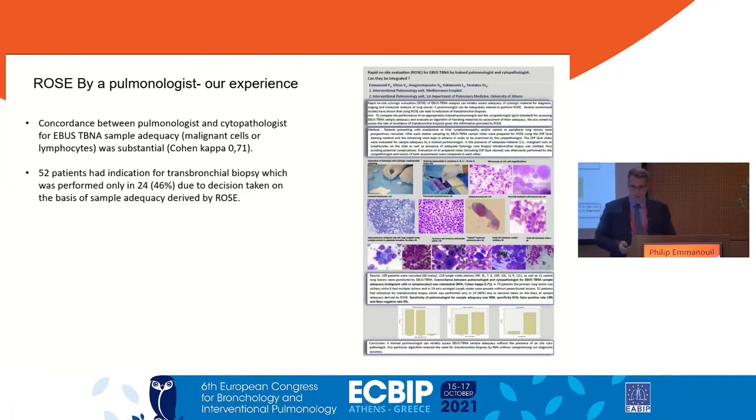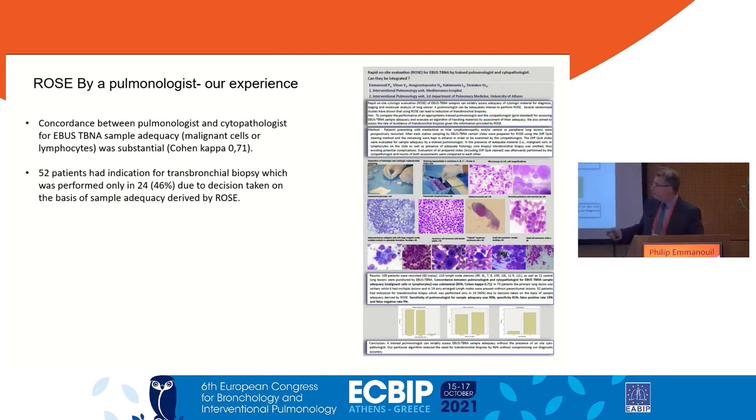We have presented our experience as a site in this Congress, and it seems that our agreement was quite substantial with the gold standard, the cytopathologist. We reached a kappa of 0.71 in this study, and we managed to avoid a significant number of transbronchial biopsies.